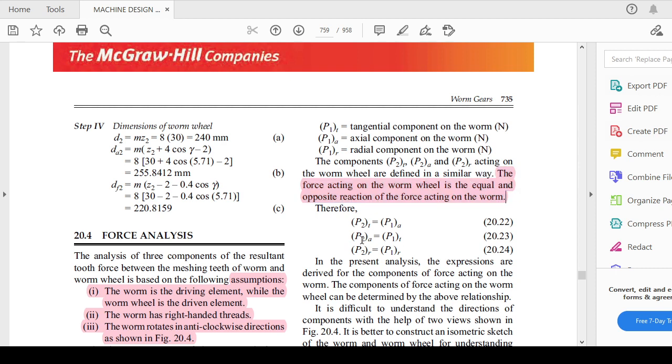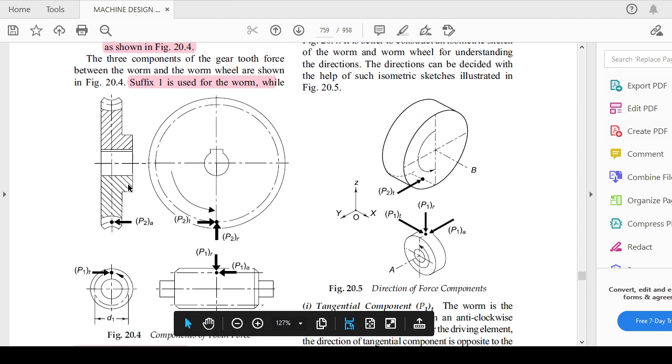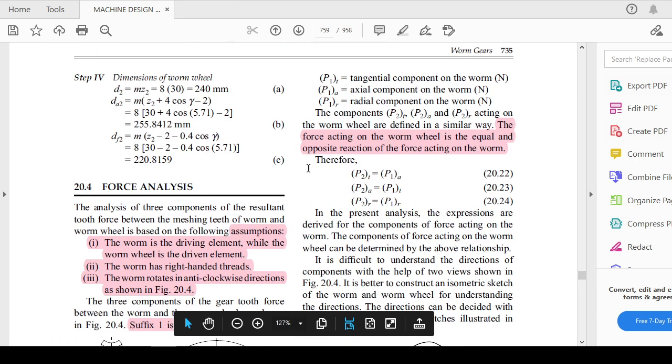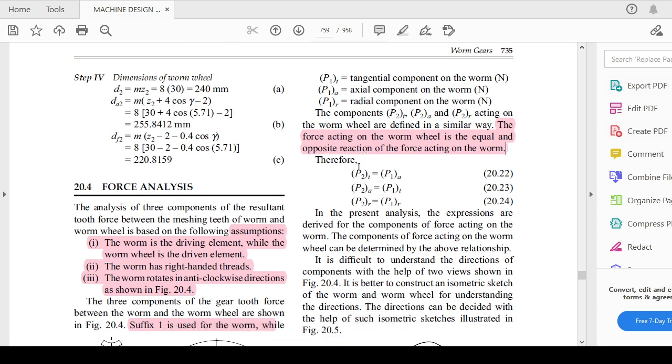So this can be rewritten as P1T equals P2A, P1A equals P2T, and P1R equals P2R. You can also depict this with the help of this diagram. These are in opposite directions, but the magnitude will be the same.